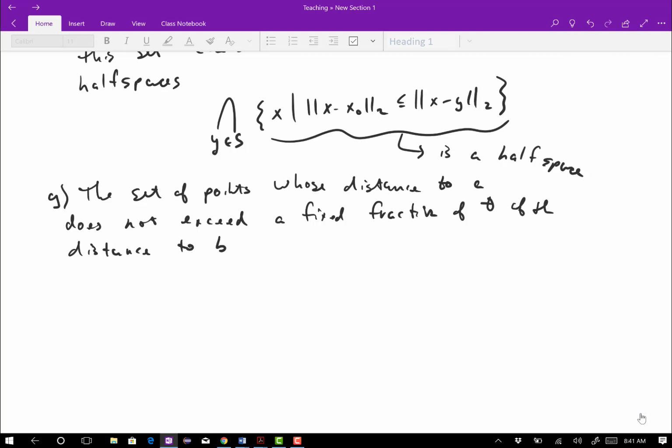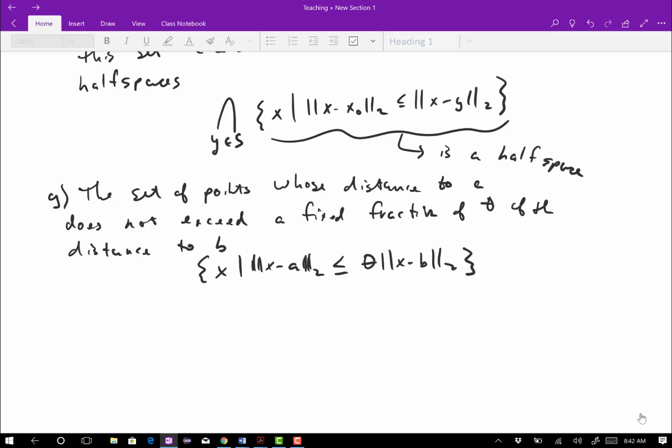So we can write this as the set X such that the 2 norm of x minus a, the distance from x to a, is less than or equal to some fraction theta times the distance of x to b.